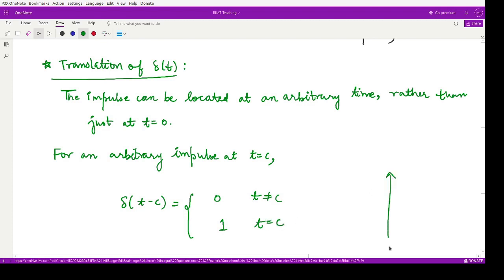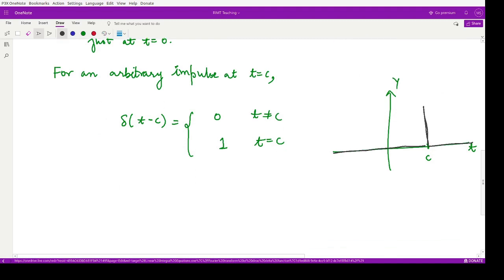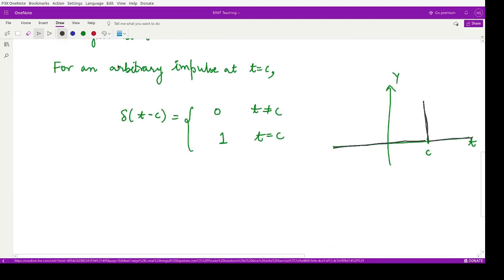So that means if this is your y-axis, this is your t-axis, then the impulse now is situated at this length c, right? And it is 0 everywhere else. So this is the meaning of the translation of the Dirac-delta function.